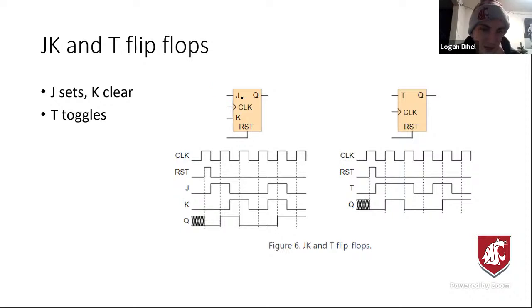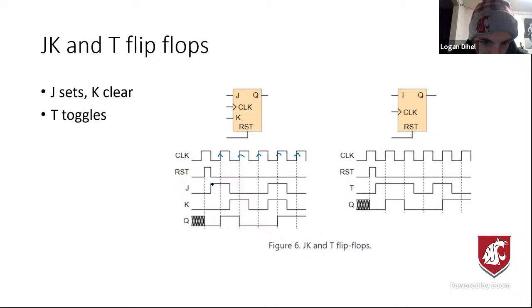So JK and T flip-flops, I don't think this will be on the exam, but just to cover it. With the JK, the J sets, and when I say sets, I mean it makes Q a 1, and K is the clear, and all these happen on the clock edges. So like right here is when these actually take place.